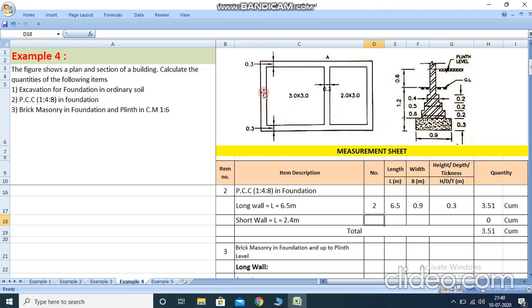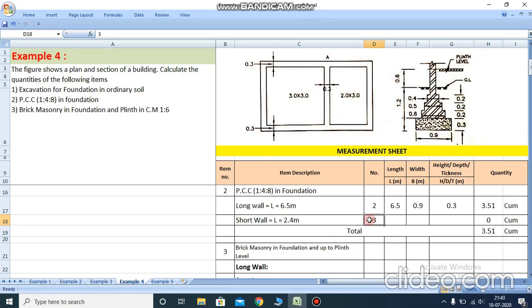Now next is the short wall. So here total 1, 2 and 3, 3 short walls are given. So write here 3. Now short wall, so total number of walls is 3.